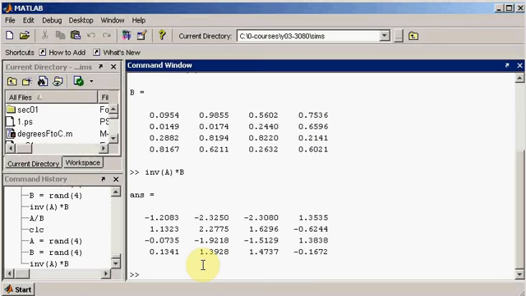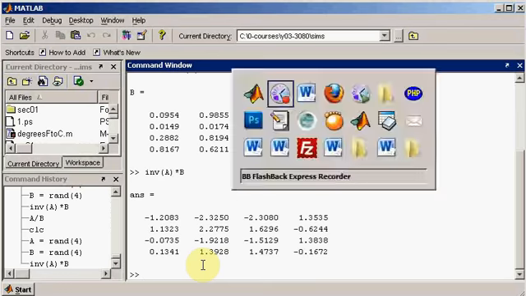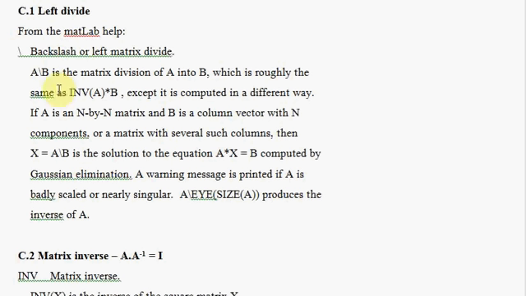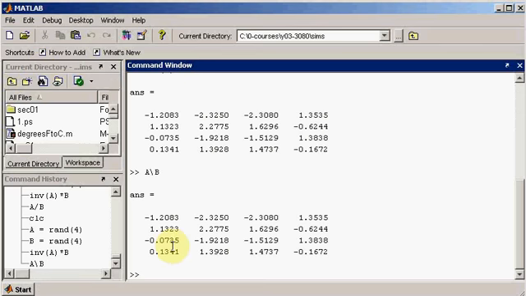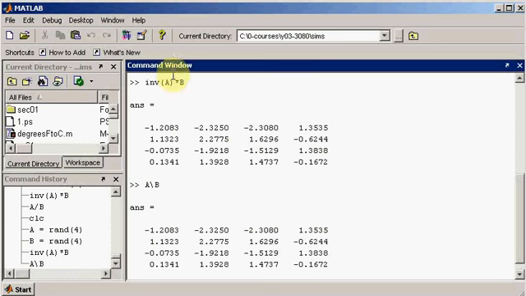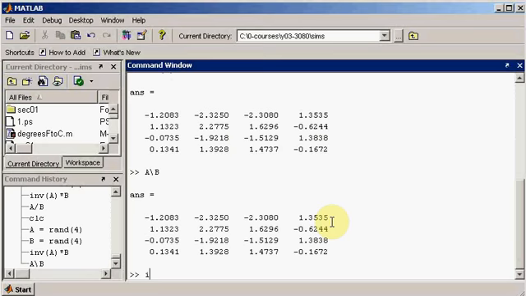And then let's look at using the backslash operator on that. So looking here, it's A backslash B, so that's the orientation for a backslash, right? So let's go A backslash B, and you can see a similar result to when we issued the inverse of A times B. So that seems to be giving us the same result here, and we can check that by subtracting those two matrices.